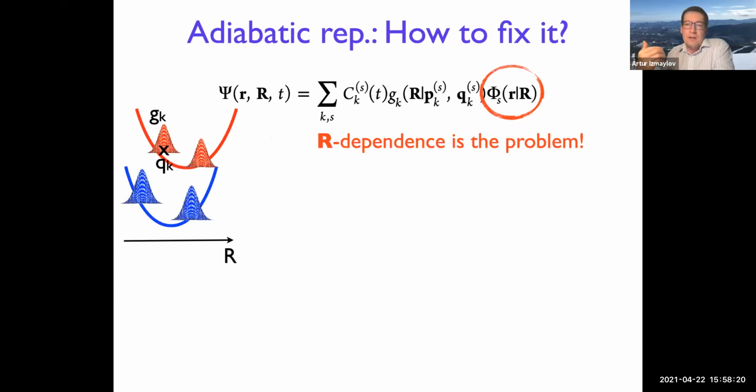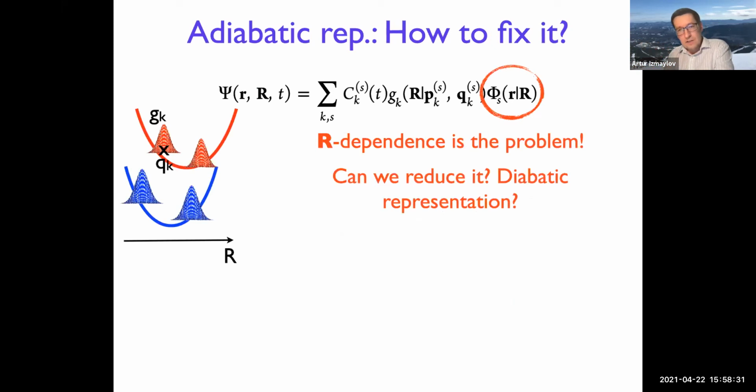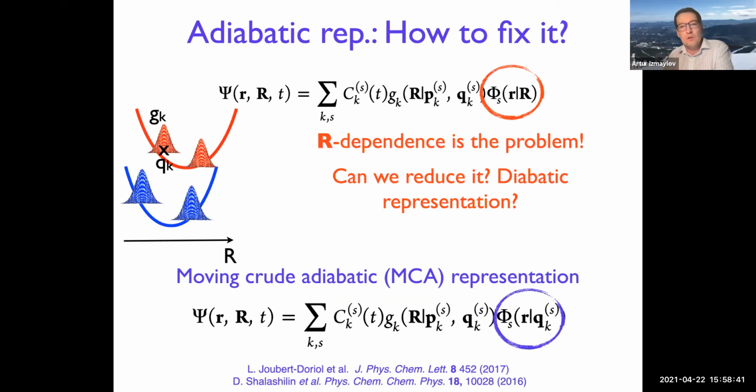Now, if we take a step back and realize that all our problems are happening because of the nuclear dependence in the electronic wave function, how can we change that? The conventional approach to that problem is to try to reduce this nuclear dependence. Diabatic representation is one way to go. But it turns out you don't need to go to diabatic representation.